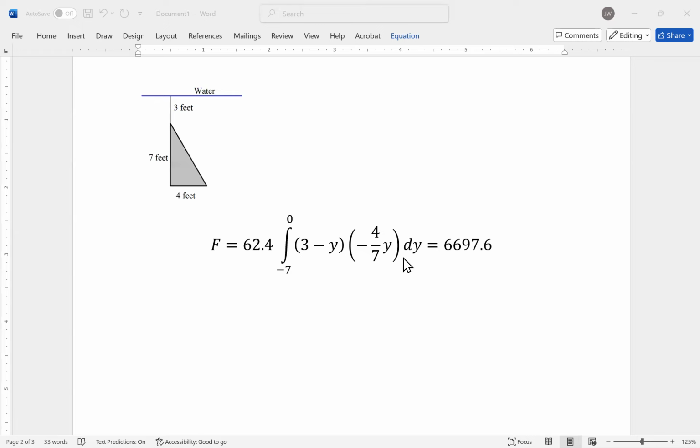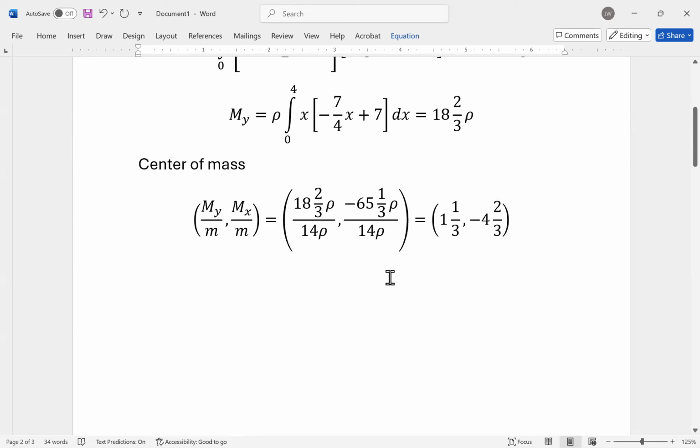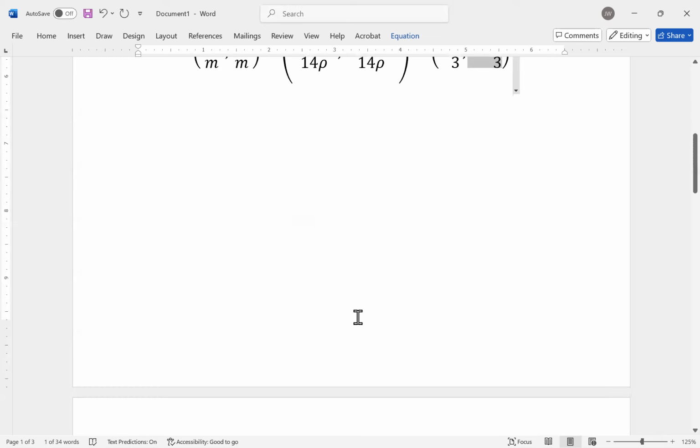And then the length of that representative rectangle was always -4/7 times the y value. And we integrated that with respect to y. And we got 6697.6. This would have been in pounds if we calculated that. Well, now what we just did is we found the center of mass has a y value of -4 2/3.